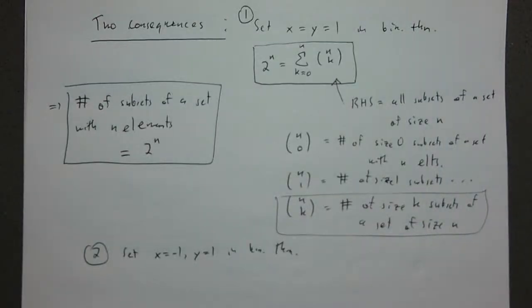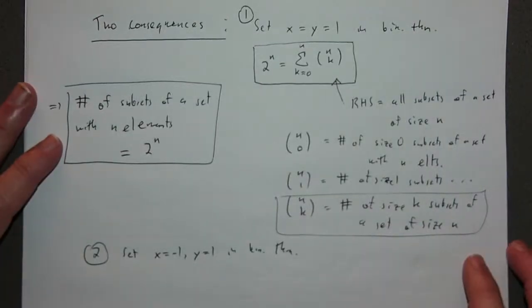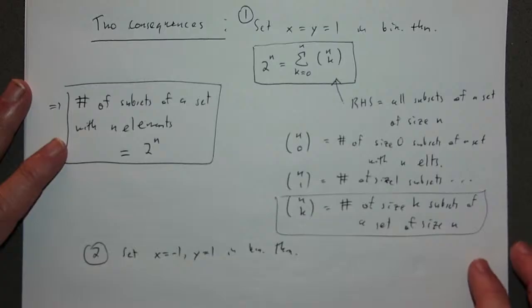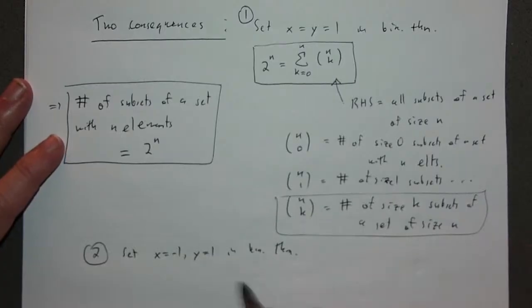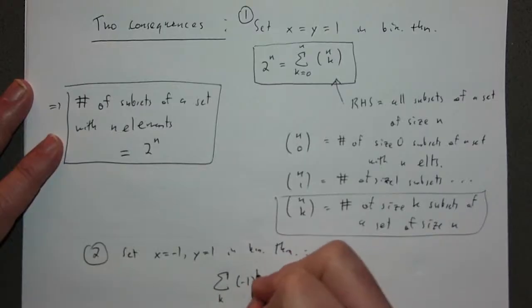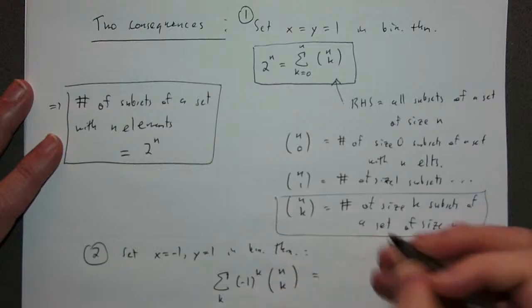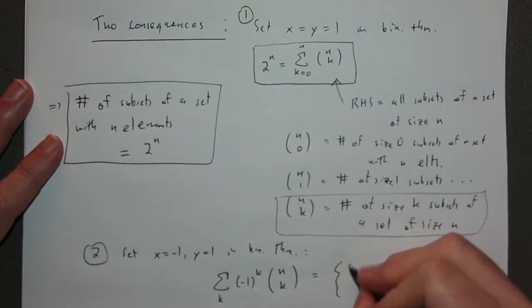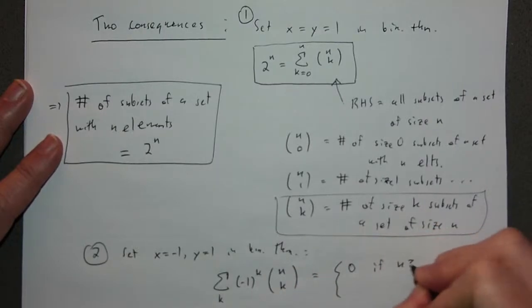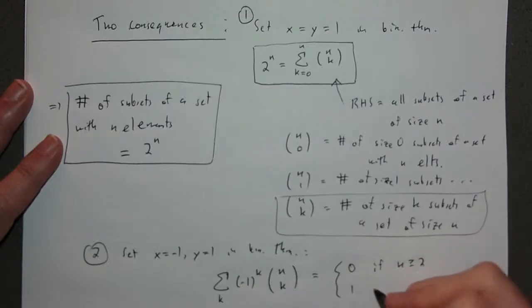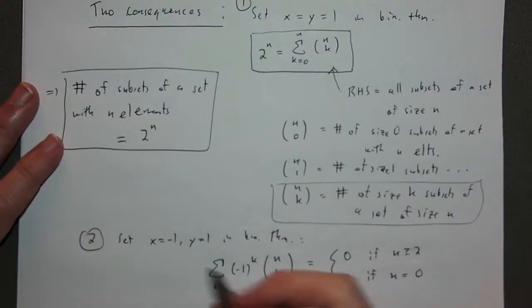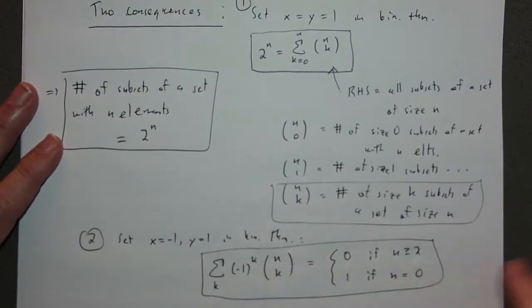So what I'm going to get is an alternating sum here, right? And that is going to be 0 in all cases unless n is equal to 0. So what I get is that the sum over k of -1 to the k times n choose k is 0 if n is greater than or equal to 1, and 1 if n is equal to 0. We have to include that case just to make this nice, but what does this say?